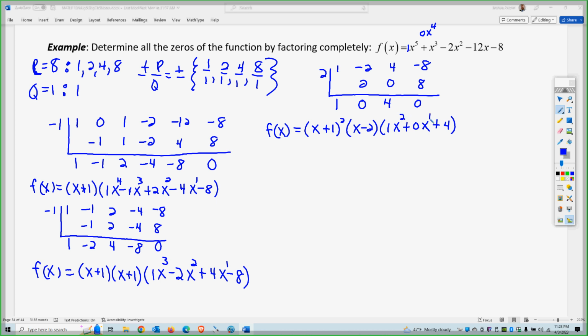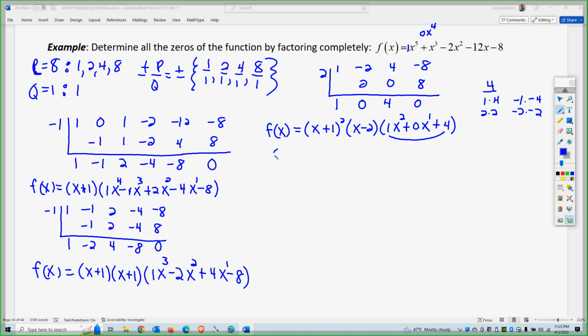Okay. Well, here's the problem. If I do the factors of 4, I get 1 and 4, 2 and 2, or negative 1 and negative 4, or negative 2 and negative 2. None of those give me 0, so it means it's not factorable.